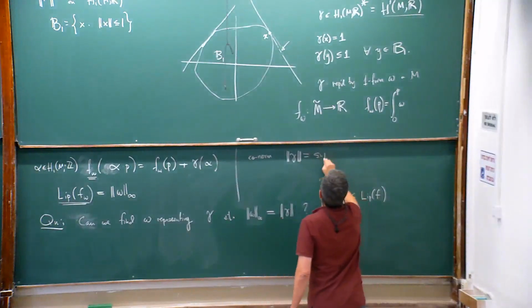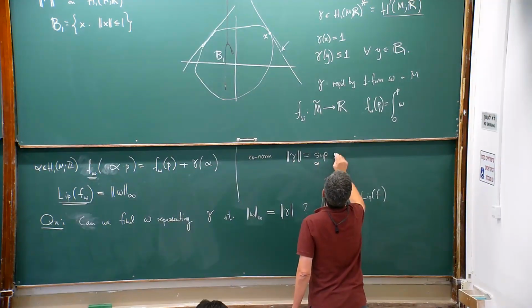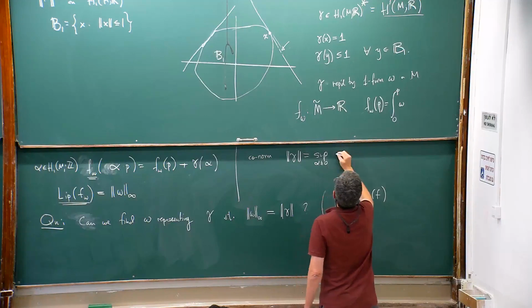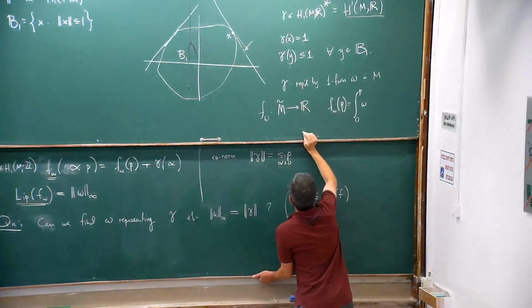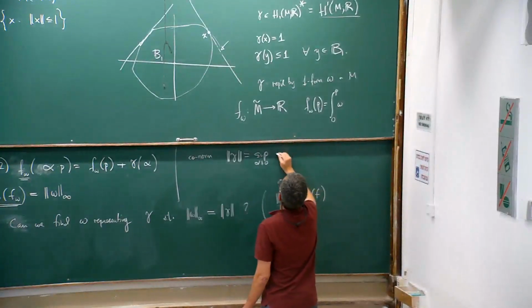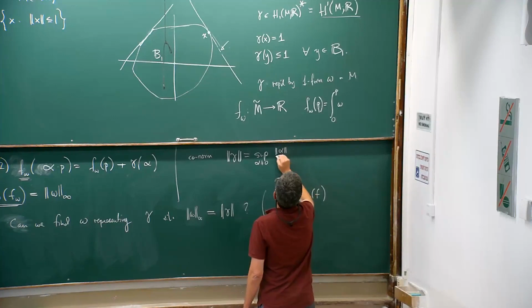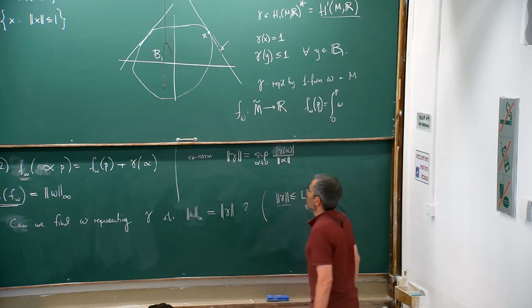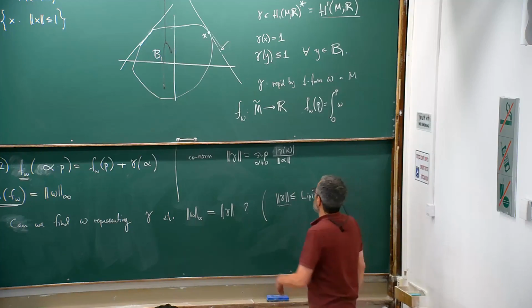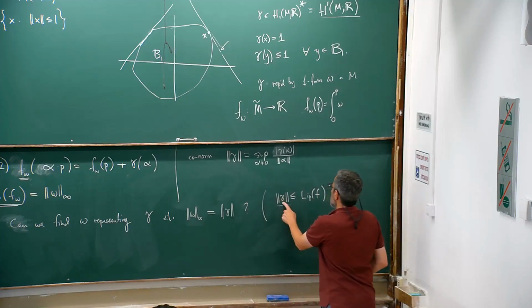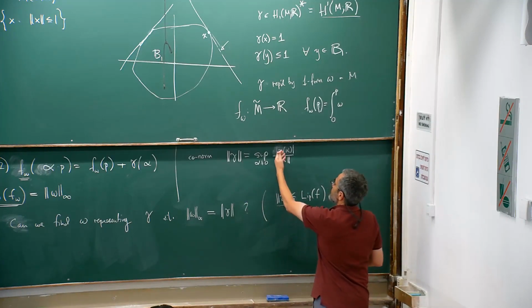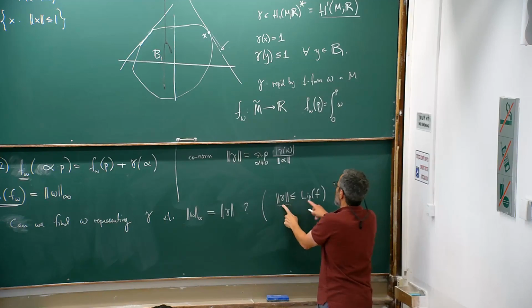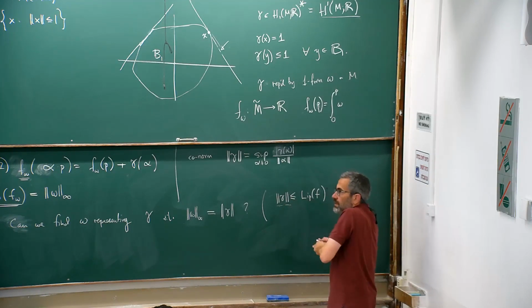It's the supremum over all non-zero alpha of the size of gamma of alpha, which is a number, divided by the stable norm of alpha. That's the usual definition of conorm, and I'm saying that ratio cannot be any larger than the Lipschitz constant of f, because f controls how much you stretch things.